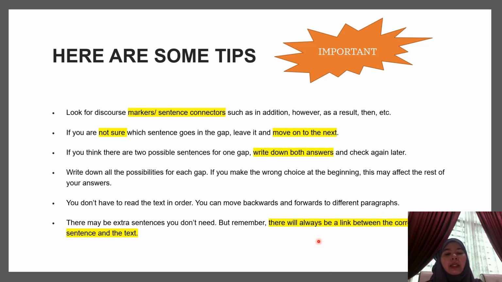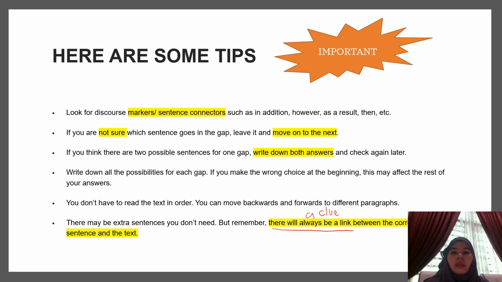But remember, there will always be a link. The keyword here is the link between the correct missing sentence and the text. Okay, there will always be a link, or maybe you can say it's a clue.